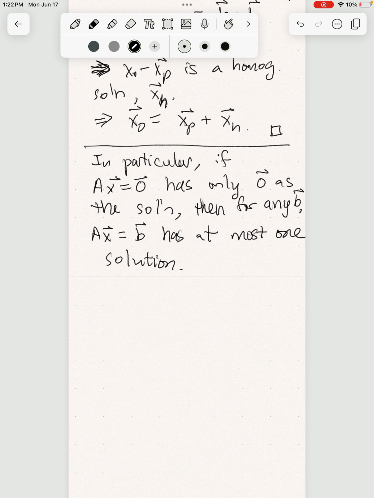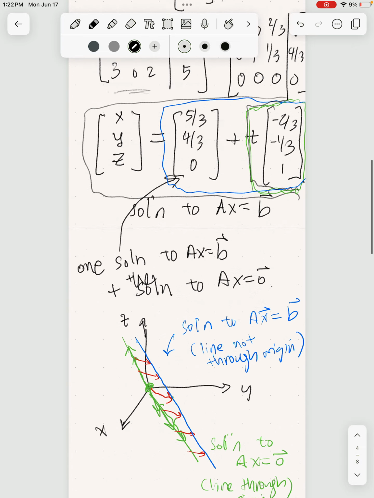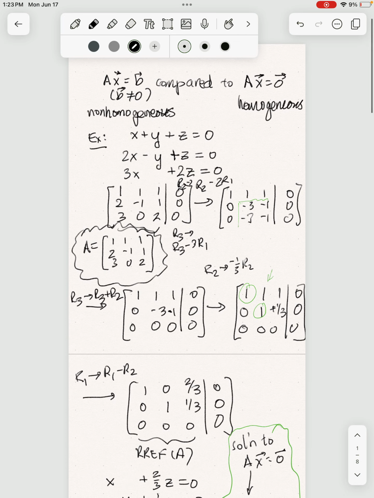So for instance, let's say that there was a b for which Ax equals b has infinitely many solutions. Then that would imply that Ax equals 0 has infinitely many solutions. And what does this say in terms of the free columns of your echelon form?